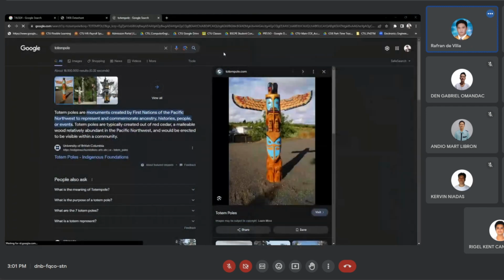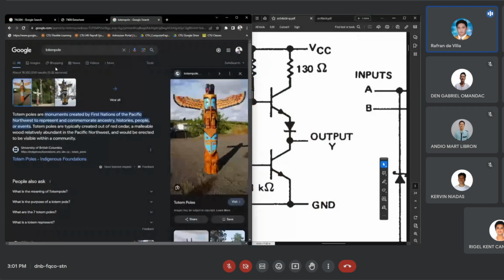Okay? If we relate it to the Native American totem pole, this actually looks like a totem pole because the components are stacked on top of each other, like the different characters stacked there, an eagle and some other animals. As you can see here, there is a resistor, a transistor, a diode, and another transistor.